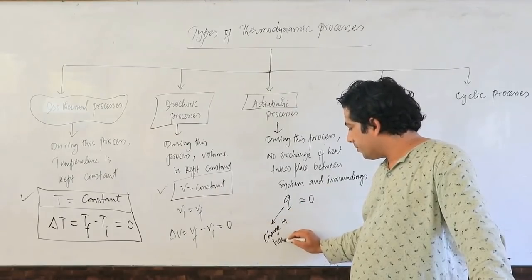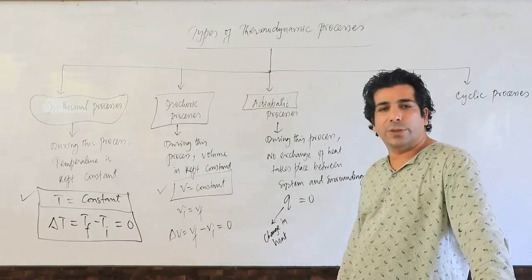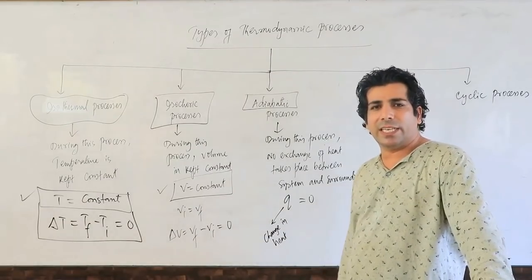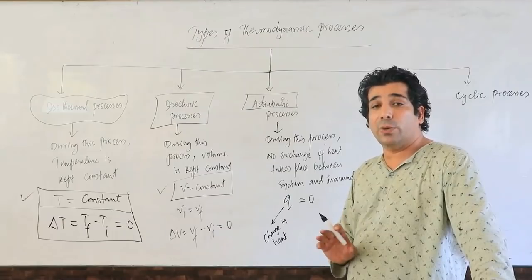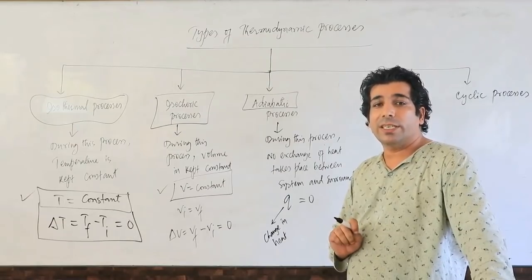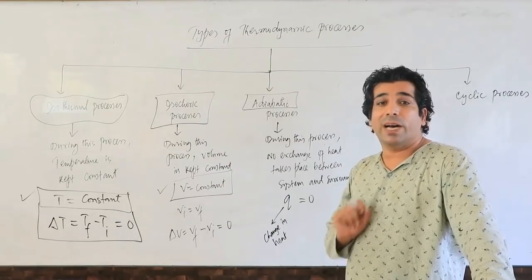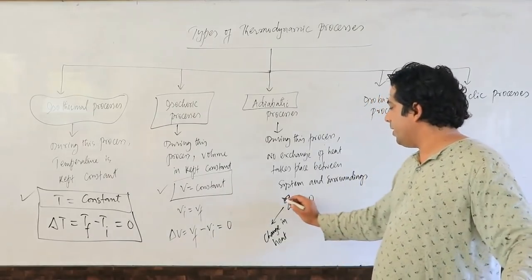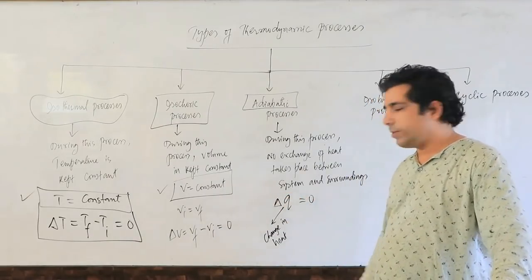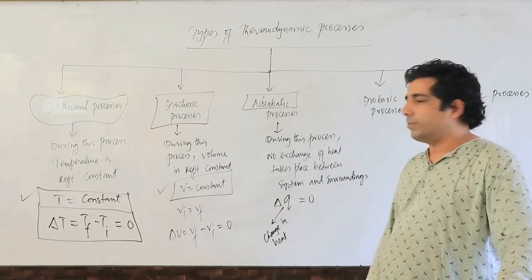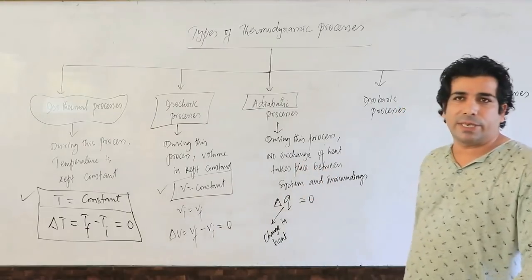Change in heat will be how much? 0. Even if you mention delta Q, no problem at all, but understand that Q is not a state function. It's a path function. The change in heat will be 0, because no exchange of heat between system and surroundings.